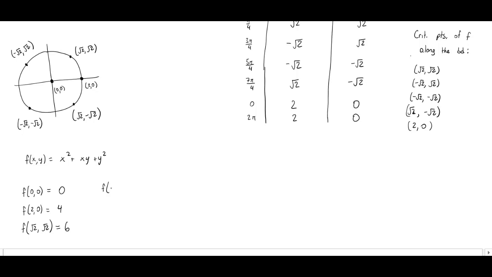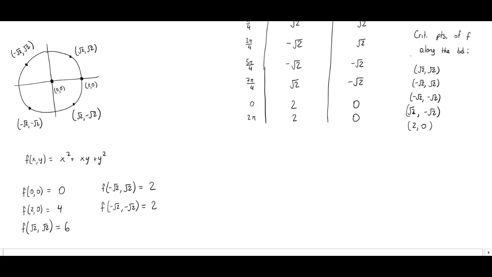Let's do minus root 2. Wait, sorry, 2 minus 2 plus 2, so it'll be 2. If we do minus root 2, minus root 2, that's going to be 4 minus 2 is 2.